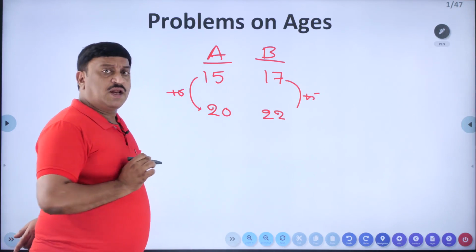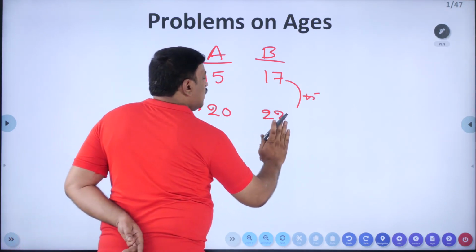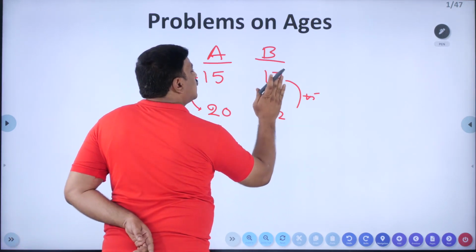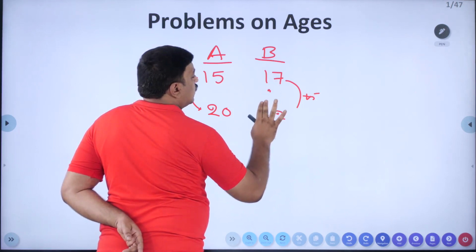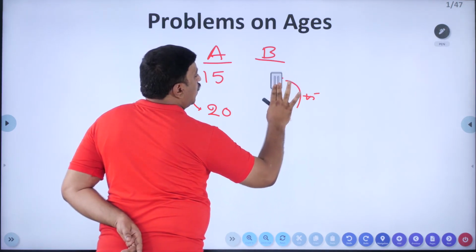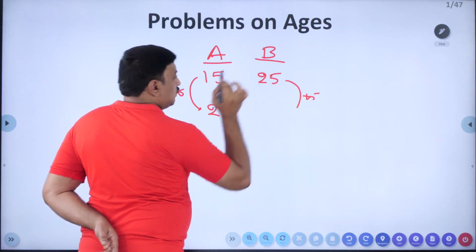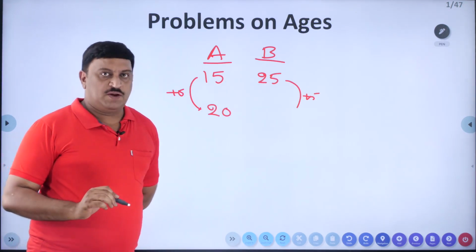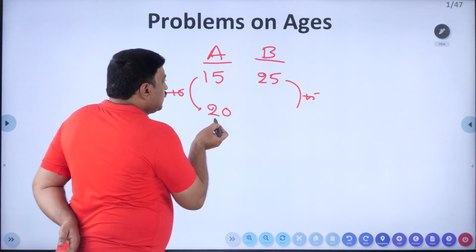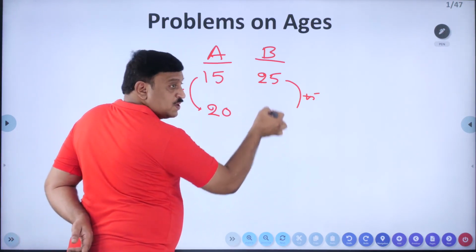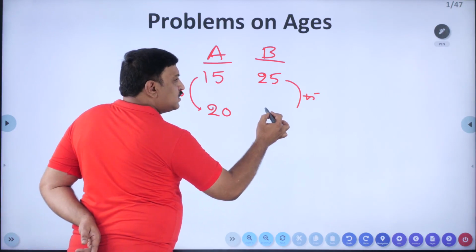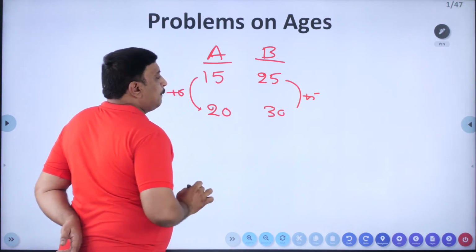Or let it be a different case. A is 15, B is 25. Then A is 20 after 5 years, and B will be 30.